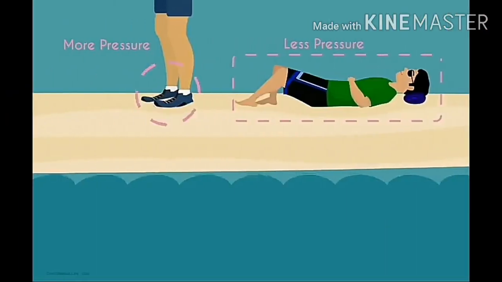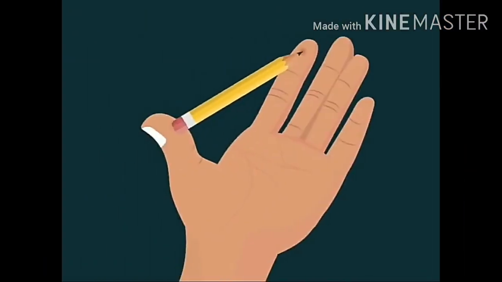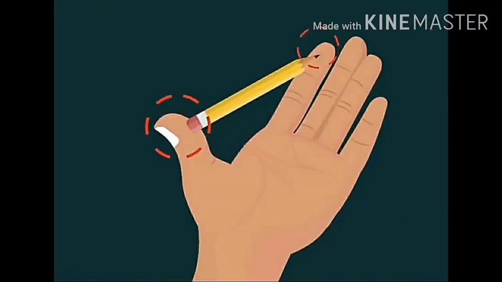Children, now think and guess in which of the two positions more depression can be found? Yes, the more the pressure, the more will be the depression on the surface. Less the pressure, lesser will be the depression on the surface. Another example: hold a pencil between the fingers of your hand and then press the pencil. Now, what will you find after removing the pencil from your hand?